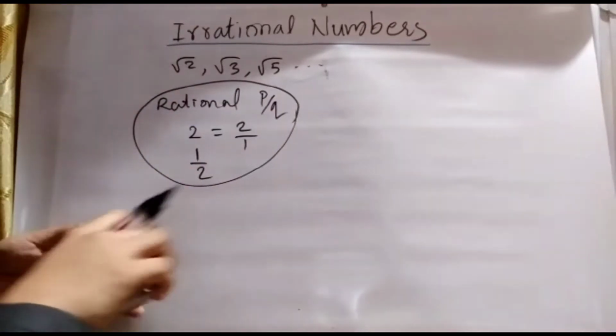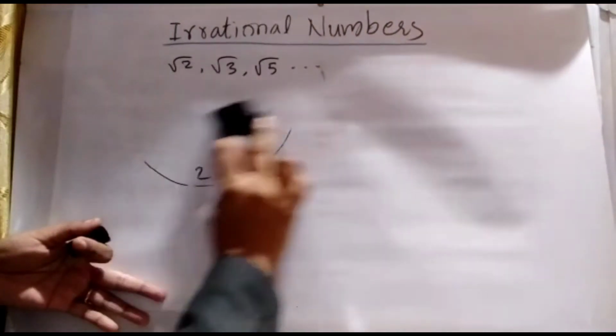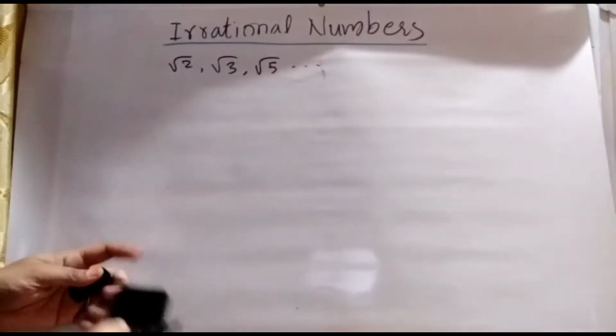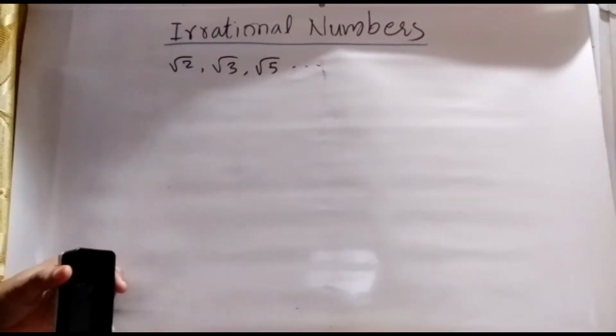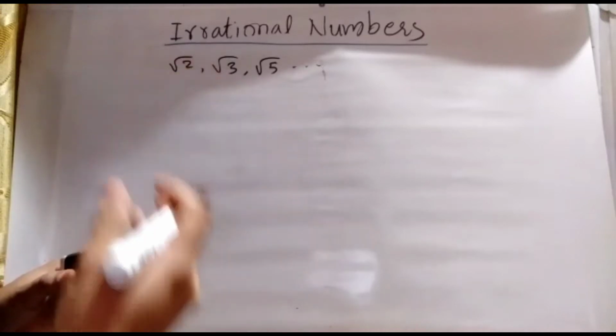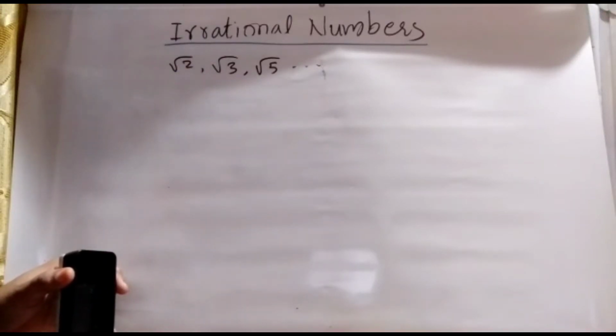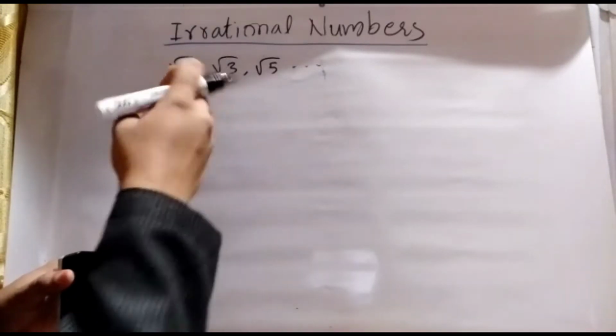So we all know root 2 is an irrational number. Then can you prove that root 2 is irrational? No, we didn't learn how to prove it.